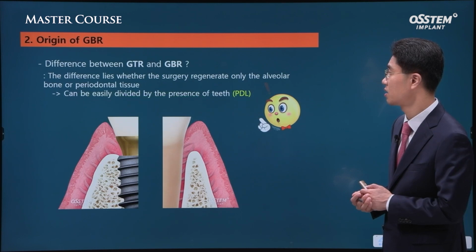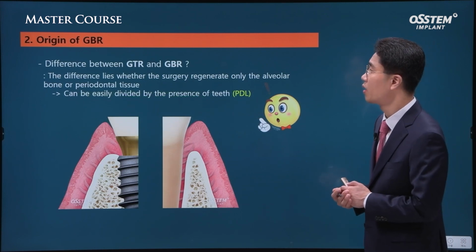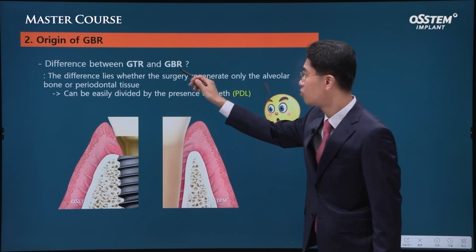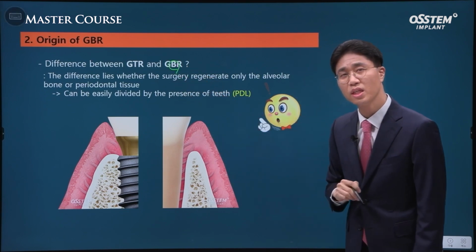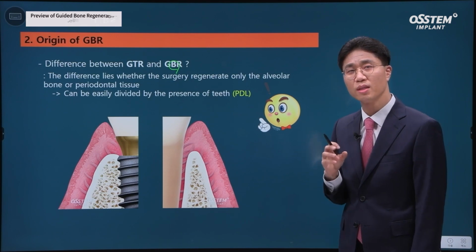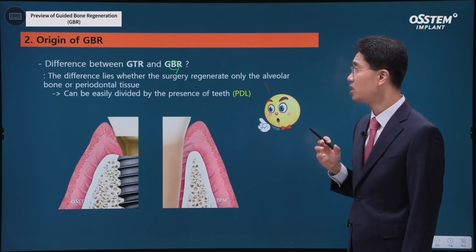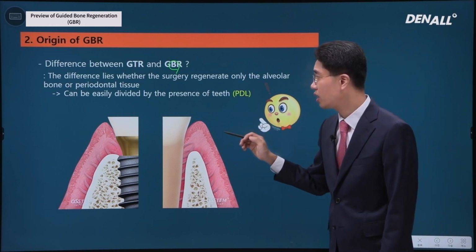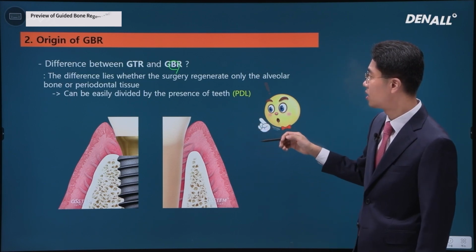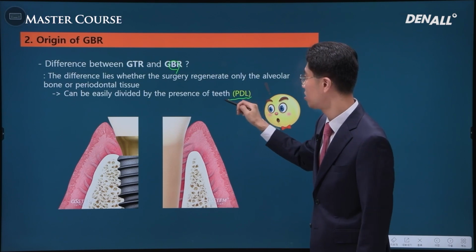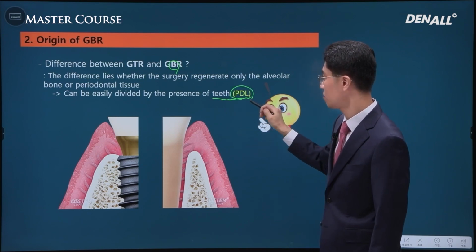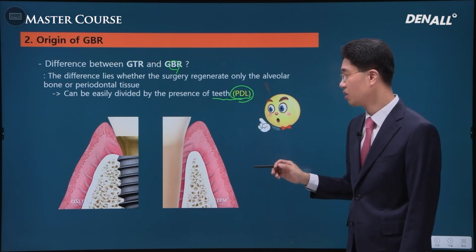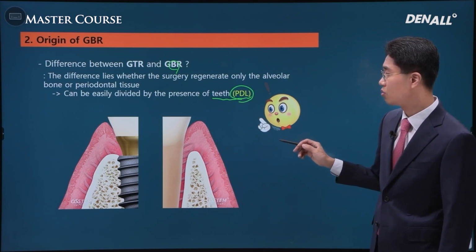The principles of GBR and GTR are the same. As for GBR, we're replacing implants. What is necessary is bone, and it regenerates bone. In GTR, periodontal tissue is regenerated, such as periodontal ligament. In the case of GBR, bone is regenerated.